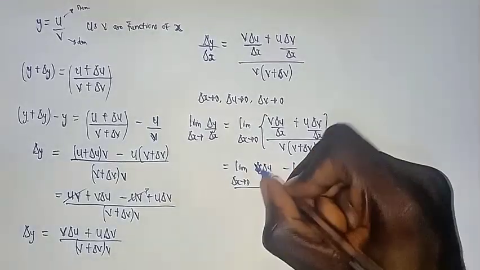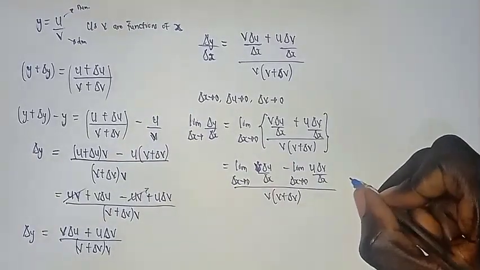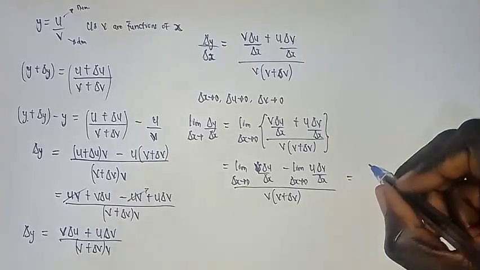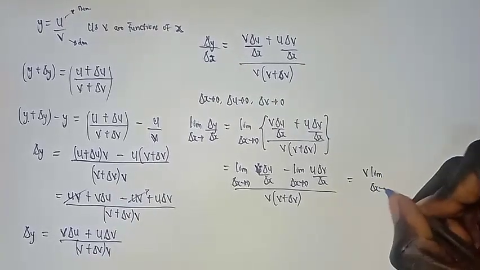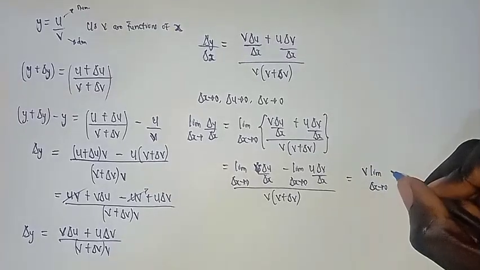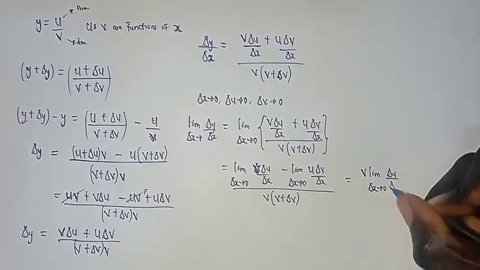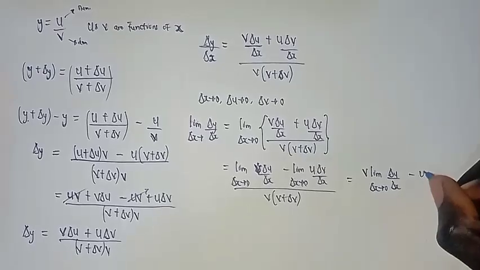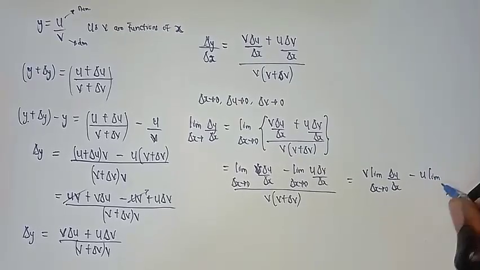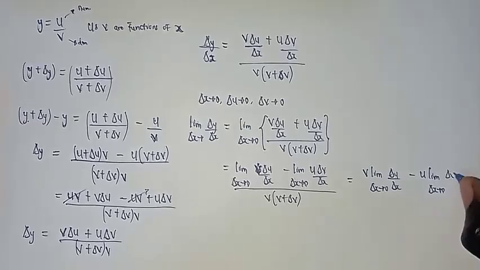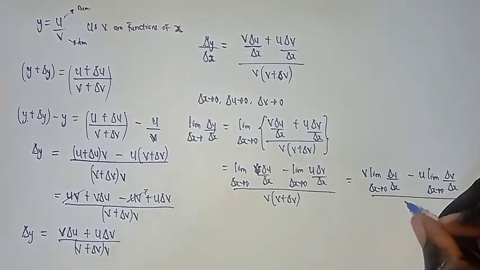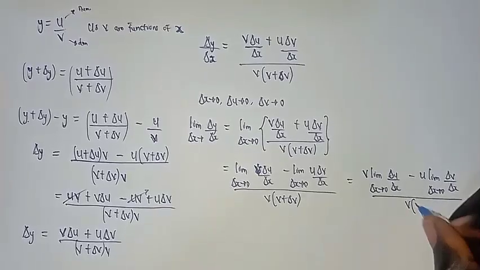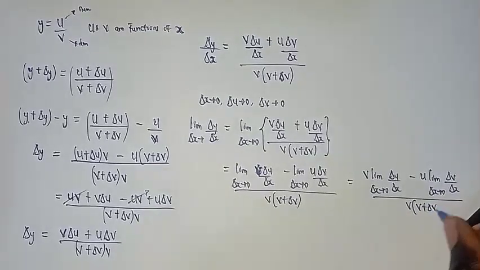Now we can also simplify this further to be this. This becomes v limit as delta x approaches 0 of delta u over delta x minus u limit as delta x approaches 0 of delta v over delta x. Now this is over v multiplied by v plus delta v.